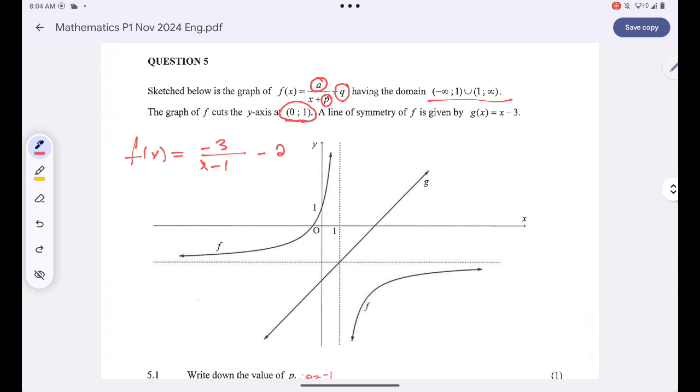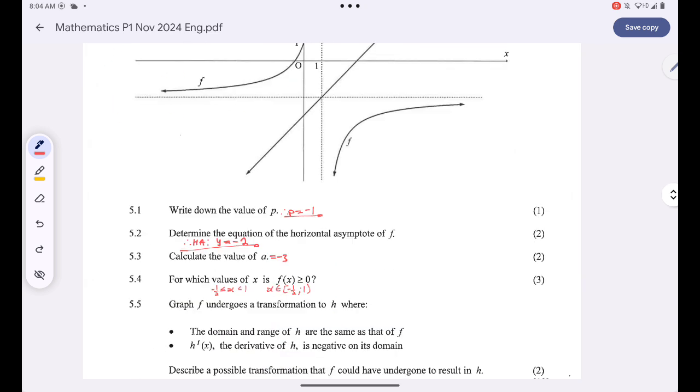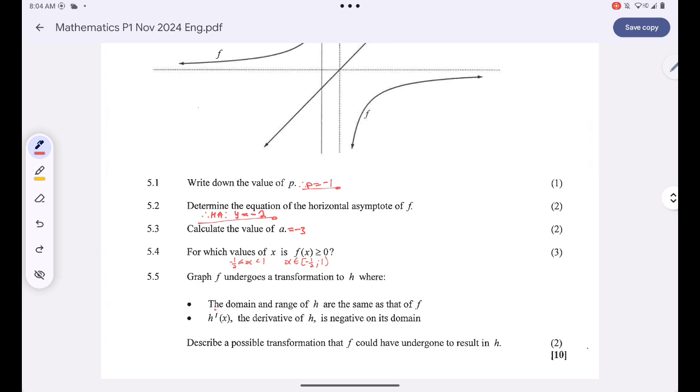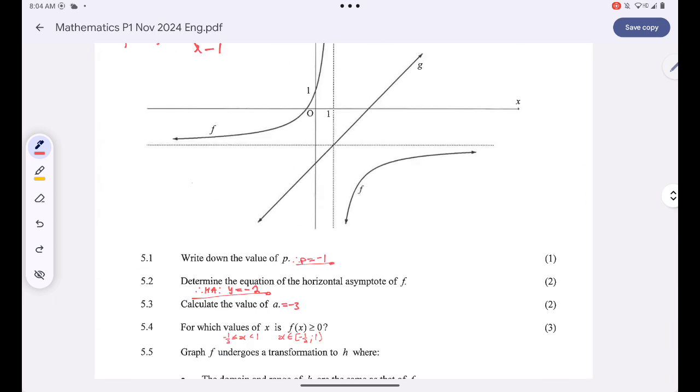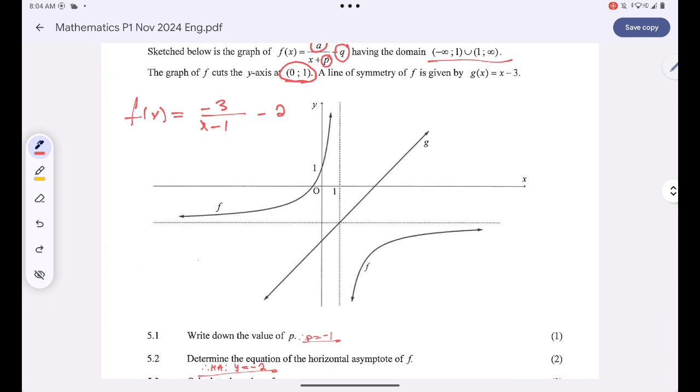But remember that, guys, with everything you're going to do, the domain and the range should just remain the same. The domain and the range should remain the same. Okay.